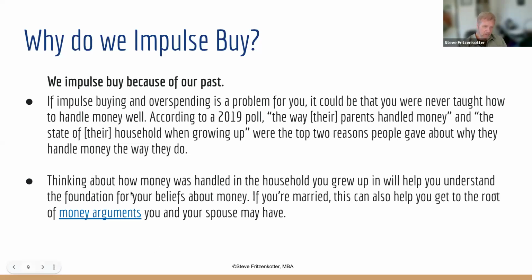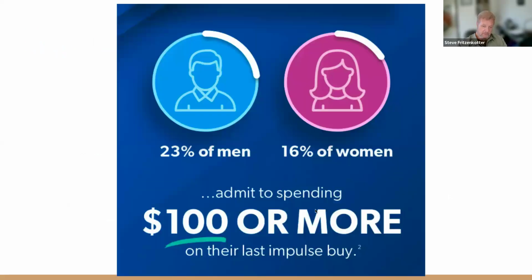Now, how a household manages money is really important. In most homes, with a husband and wife, let's just say, like your parents, money can be a major cause of arguments, a major cause of conflict. So we have to be careful of that.